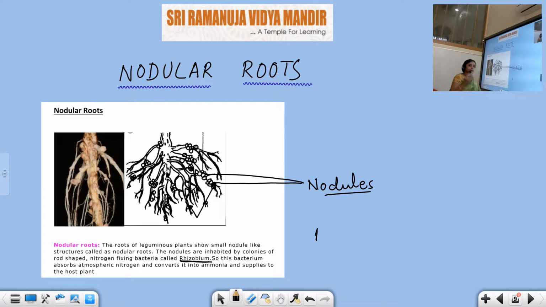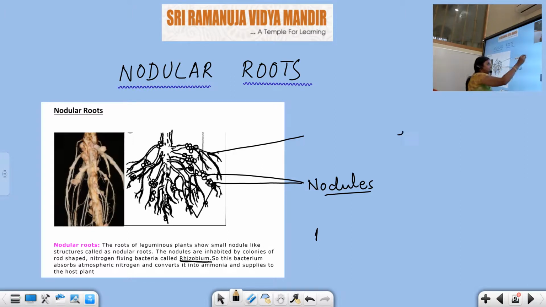These bacteria absorb nitrogen, which is present in the atmosphere, and convert the nitrogen to ammonia. This is present in the Fabaceae roots. So these roots are also called symbiotic, because a plant is living with the bacteria. So this is called symbiosis, or these are called symbionts.